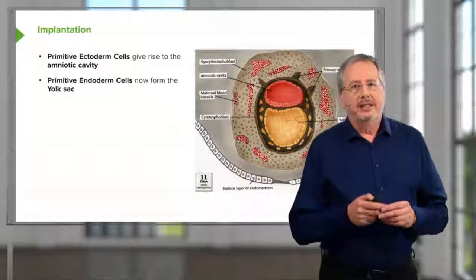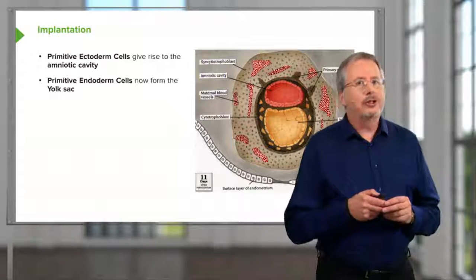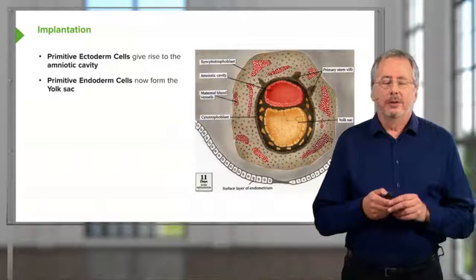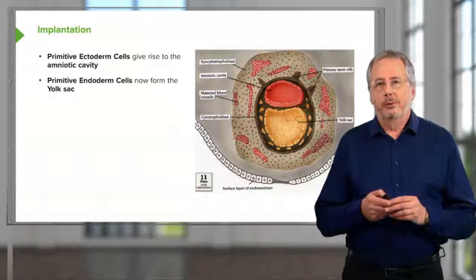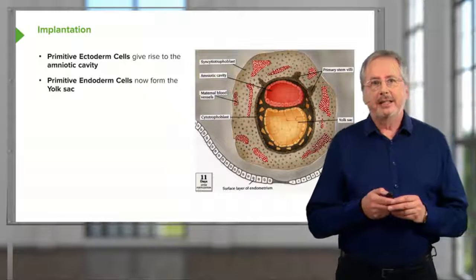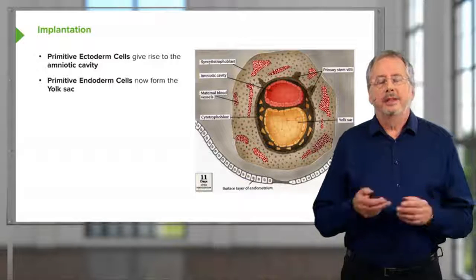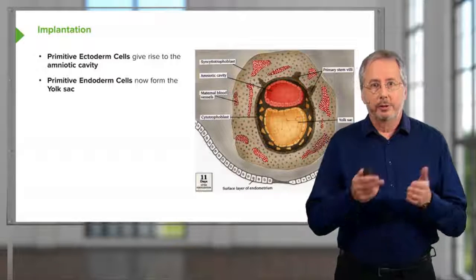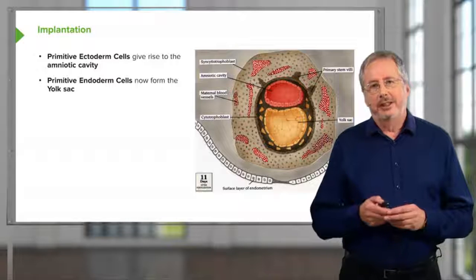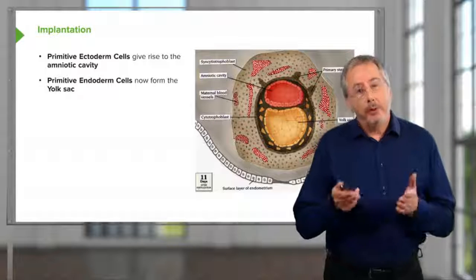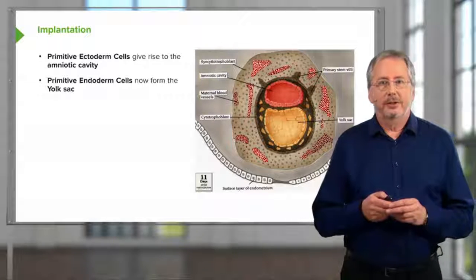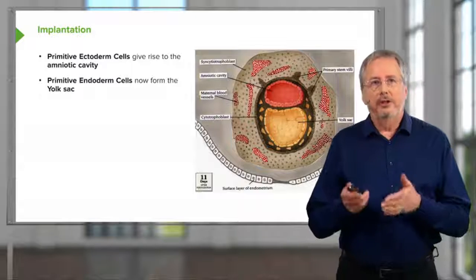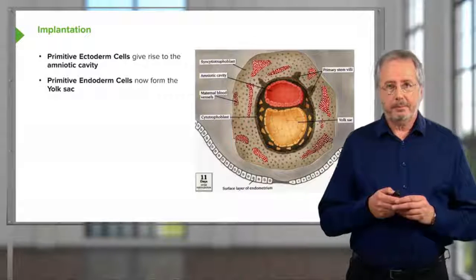It's called the yolk sac as an evolutionary marker. Long ago in our evolutionary history, when we were still developing inside eggs, then we had yolk. And it's the process of evolution that moved us away from being inside eggs to being inside a mother. But we still have a yolk sac. So it's still a marker of our long evolutionary history.